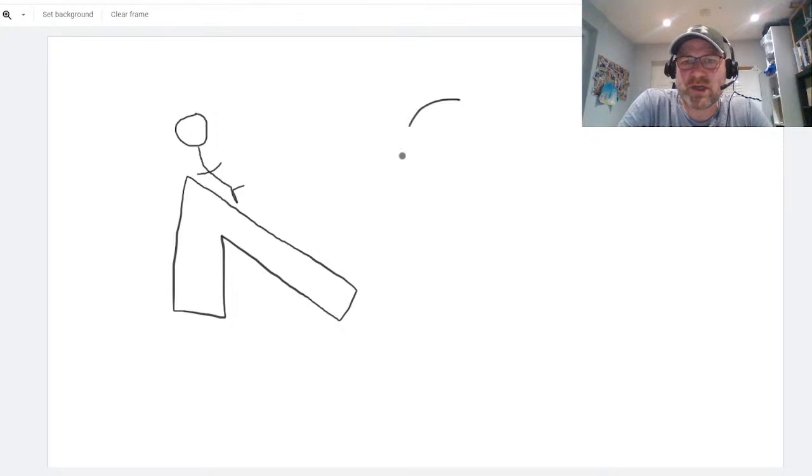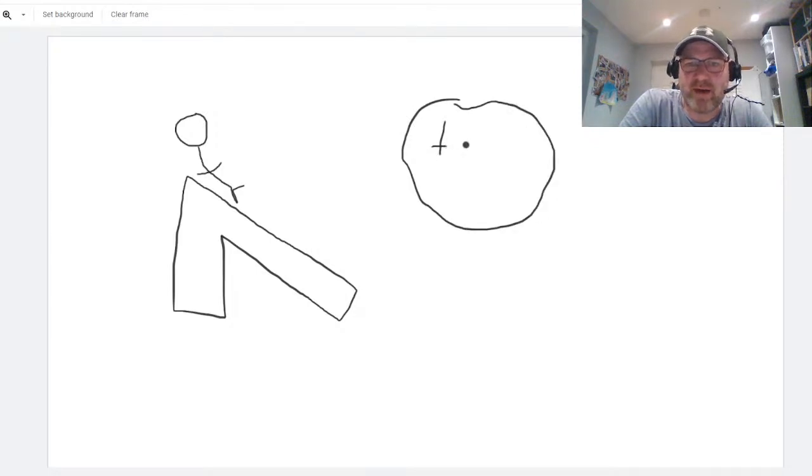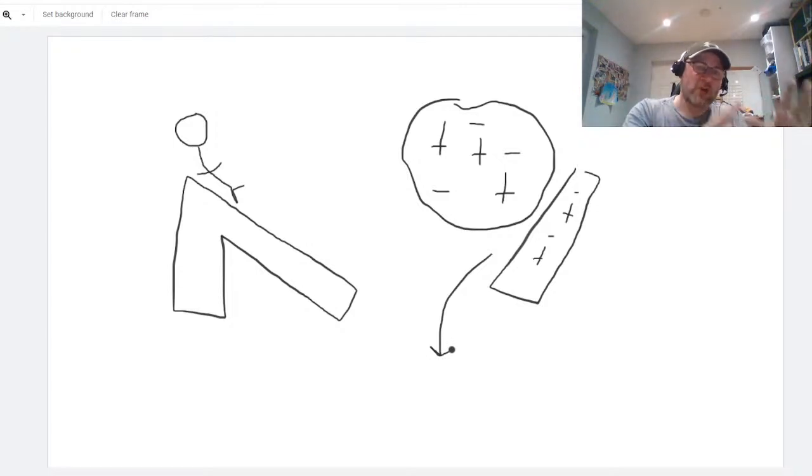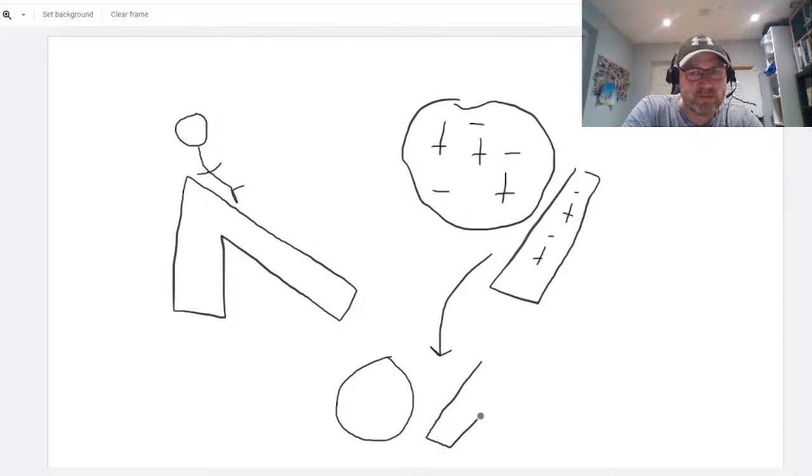So yeah, you just need to know you can have a rod here, right? And this has got 3 positives, 3 negatives. You can rub that with another rod. Say this rod's got 2 positives and 2 negatives. After you've rubbed it, only the negative charge can move. So let's say, depending on the material, the positive charges can't move, and that's essentially because positive charge is locked inside the nucleus.